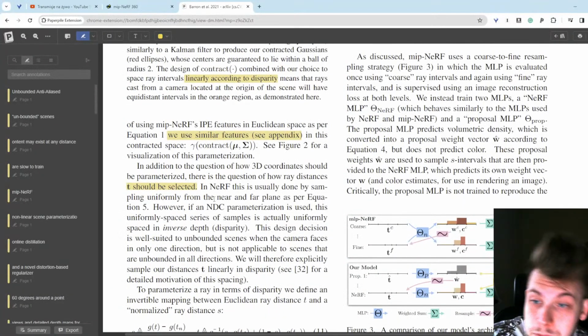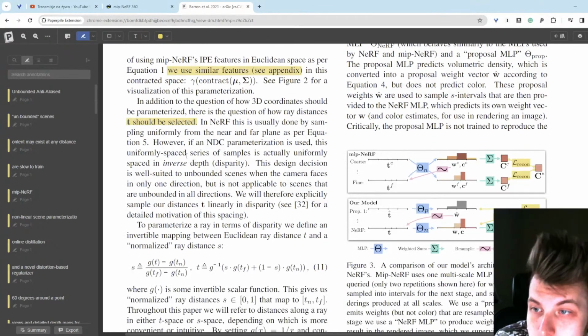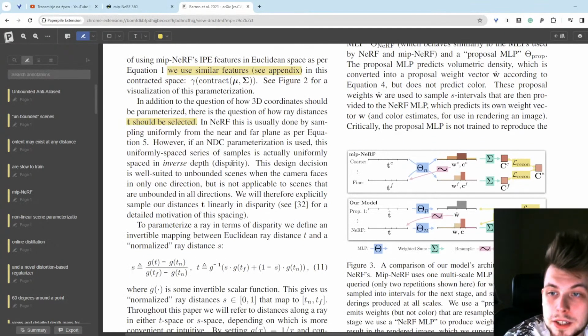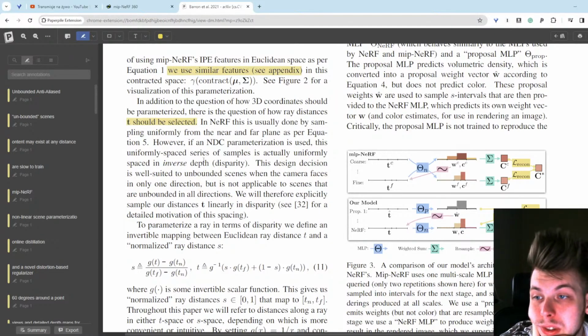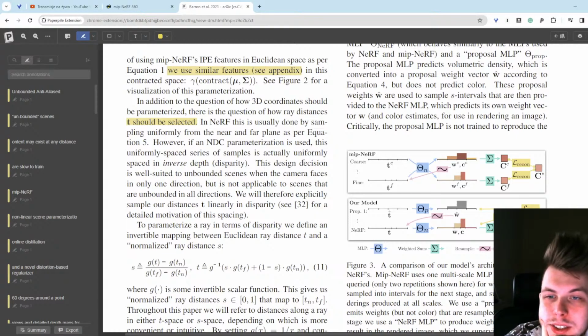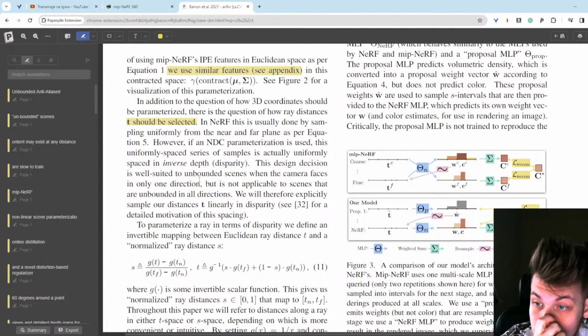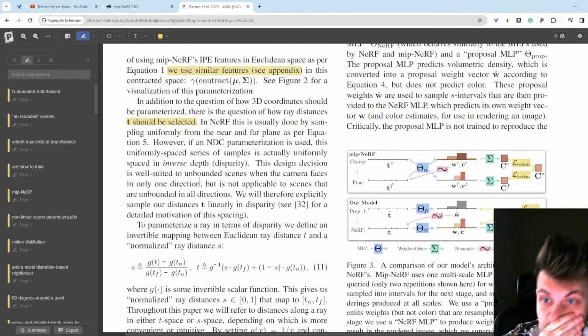However, if an NDC parameterization is used, this uniformly spaced series of samples is actually uniformly spaced in inverse depth, disparity. This design decision is well suited to unbounded scenes when the camera faces in only one direction, but is not applicable to scenes that are unbounded in all directions.